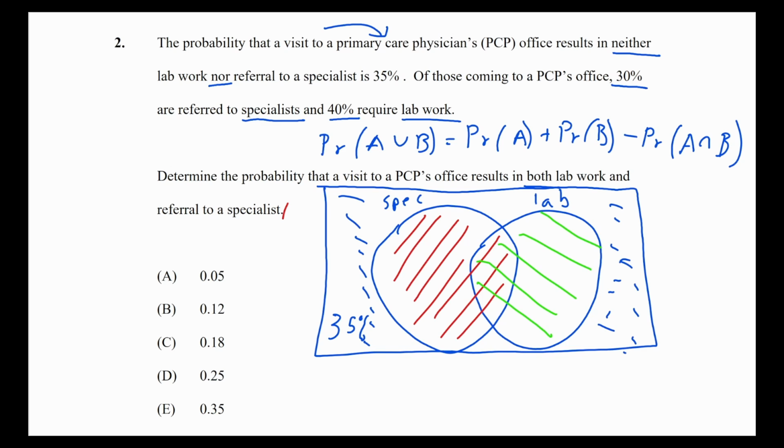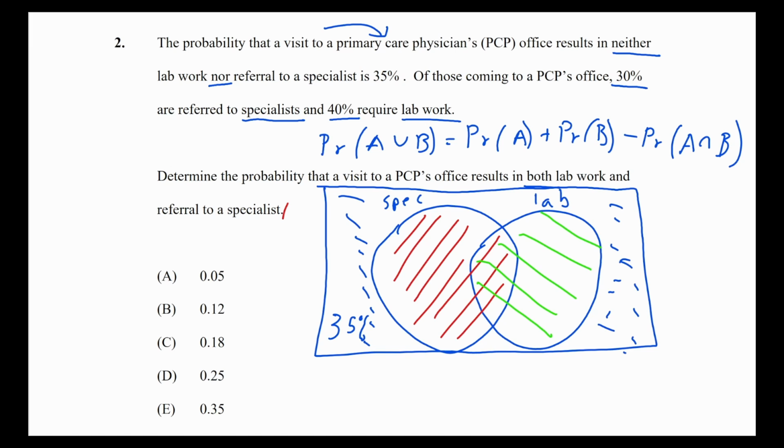So if we go back to the formula, this is the reason we subtract this portion once. This is called the intersection, and we subtract it once because we only want to count this intersection once. So it's the red portion plus the green portion minus this middle portion.